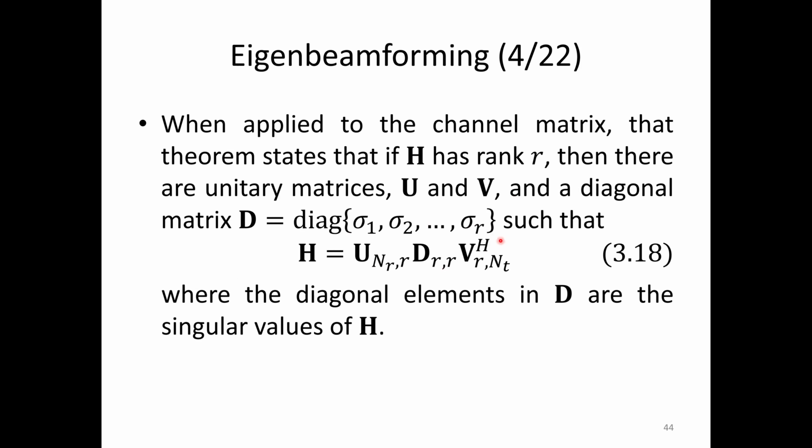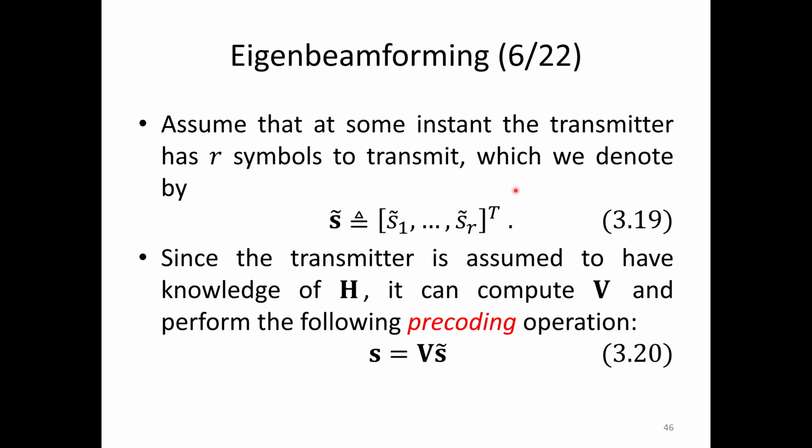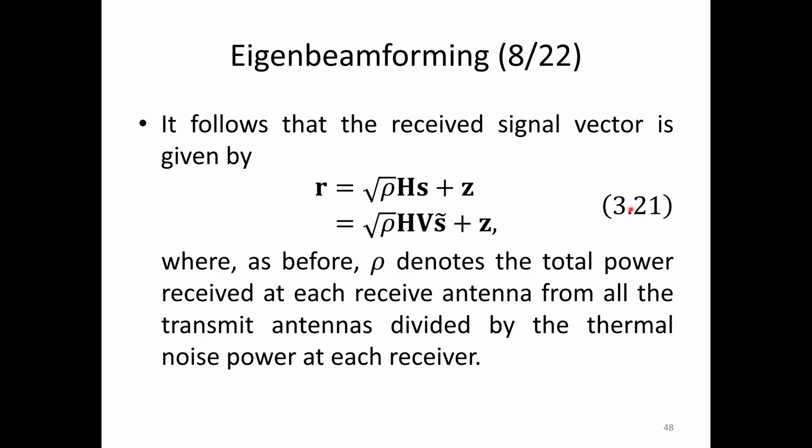In the singular value decomposition, H can be written as U times D times V Hermitian, where V is a unitary matrix. Let us go back to equation 3.21. So the received signal vector R can be rewritten as the square root of rho times H times V times S tilde plus Z.